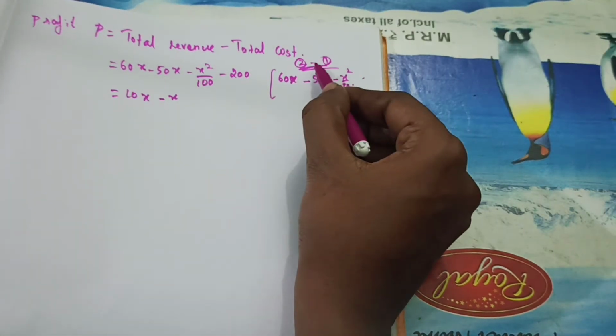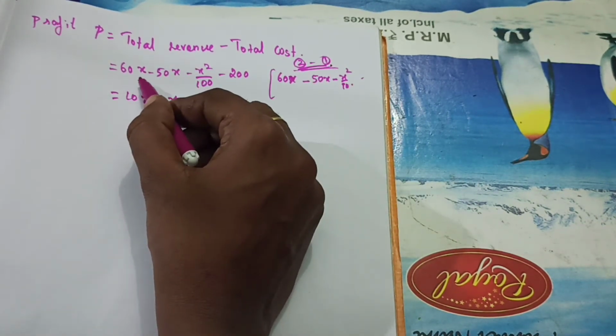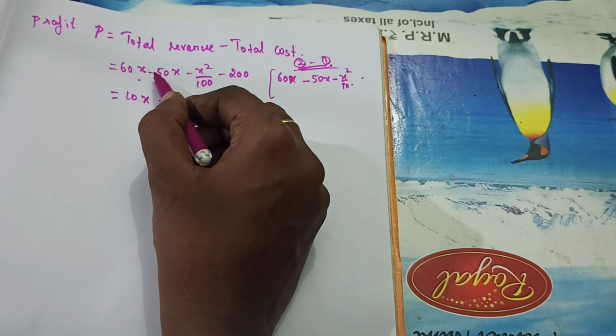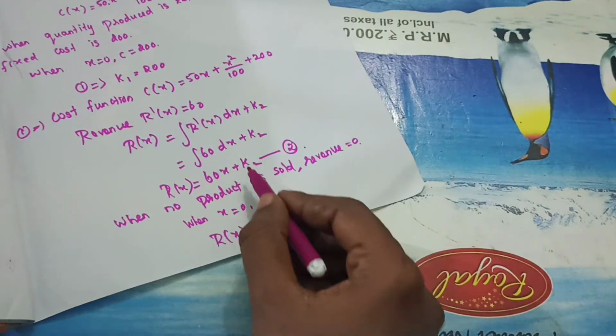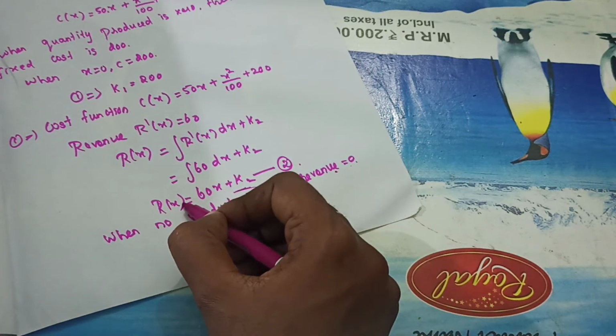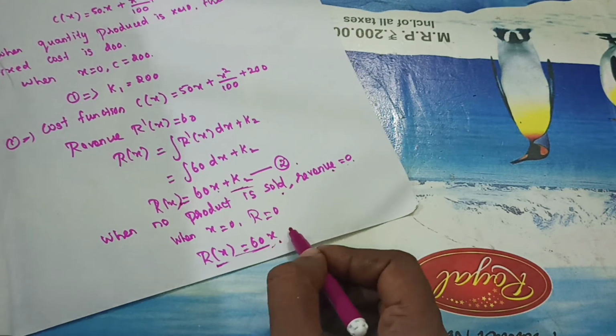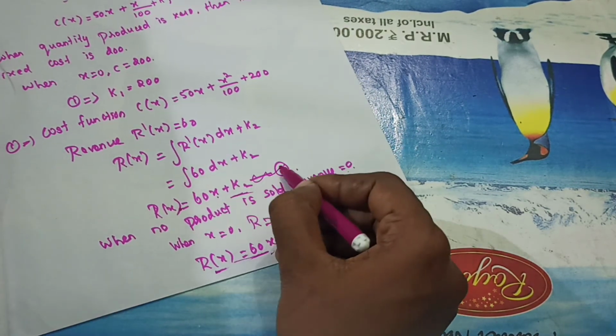If you need, you can write it this way. That is second equation minus first equation. So second equation is 60x, is it right? There k2 value is 0. Why? No product means revenue will be 0. So 60x is equal to R of x. You take this as second equation.